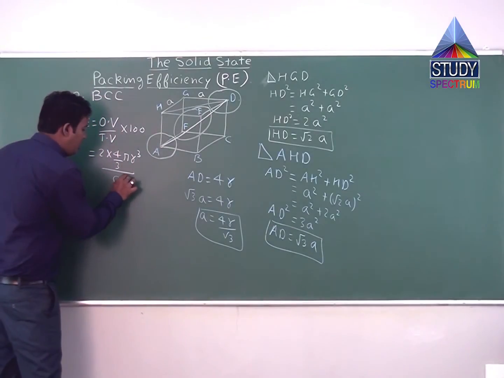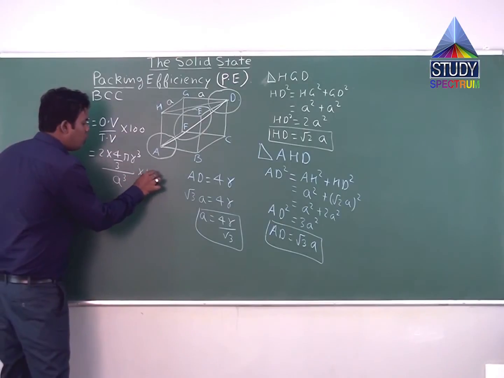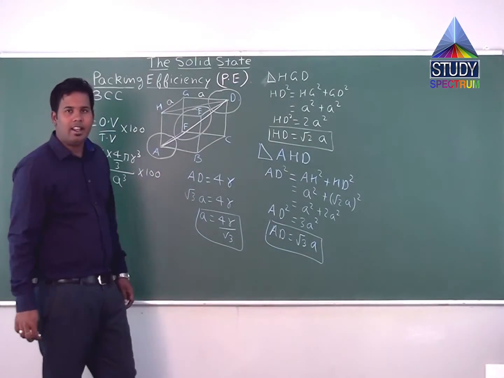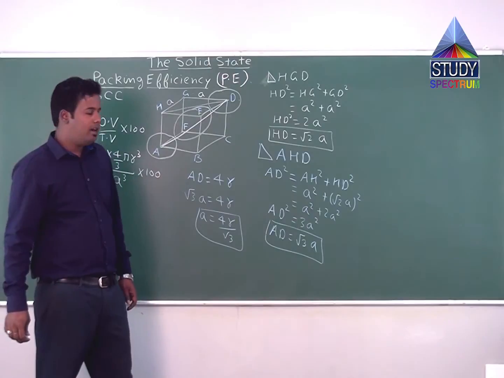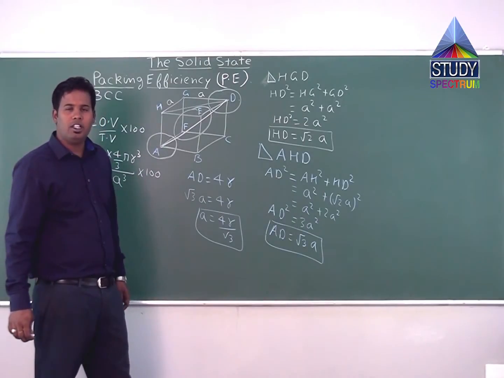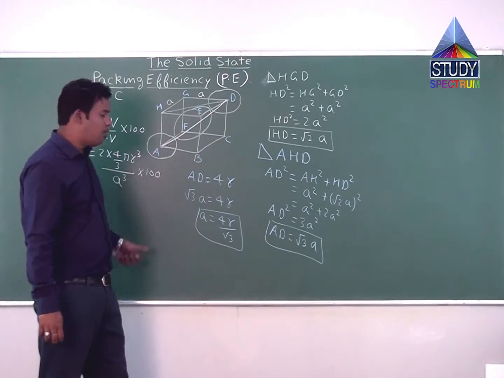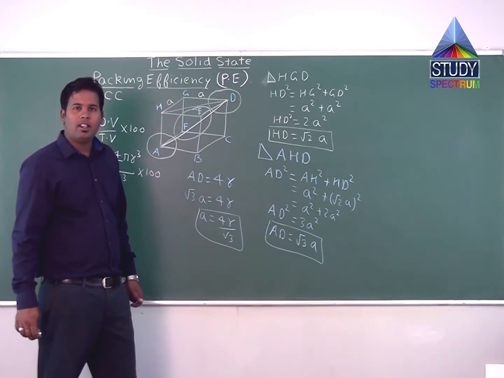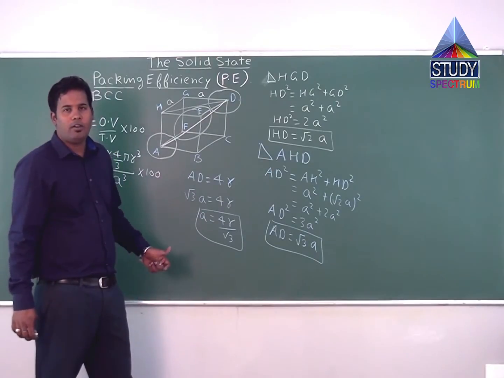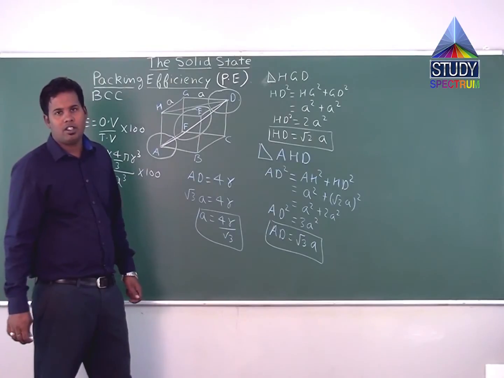Now once again we have a problem that we have two different variables r and a in the numerator and denominator, and we should have a relation between these two variables so that they cancel out and we are left with numbers only, so that we can calculate packing efficiency easily.